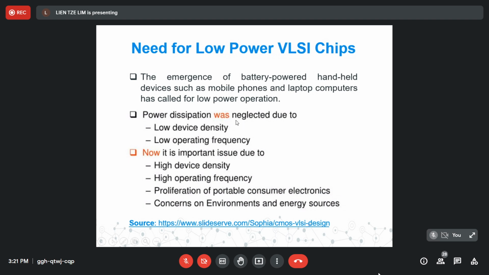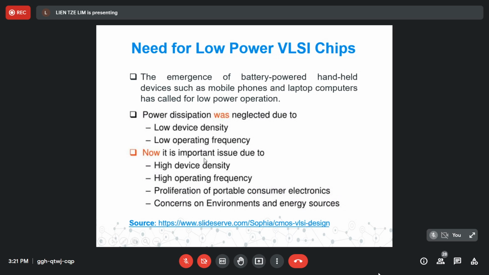This was in the past, when chips were produced with a low density of transistors. When the number of transistors is low, the chip will not dissipate high power. But now power dissipation cannot be neglected.